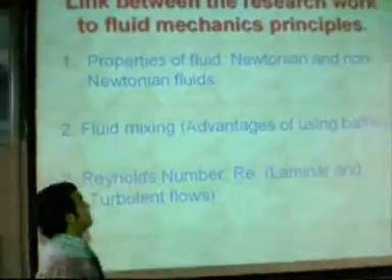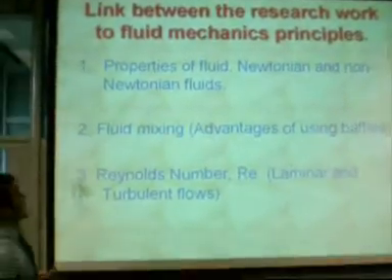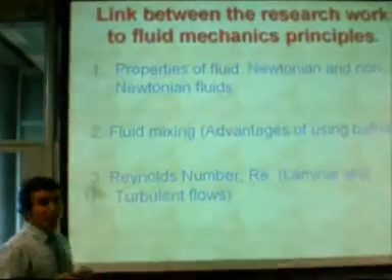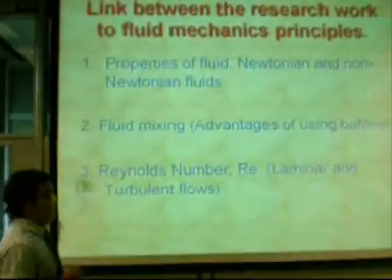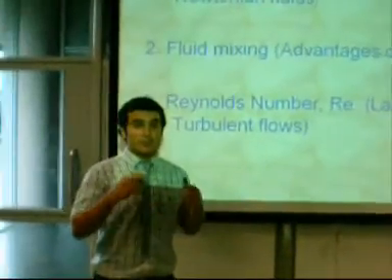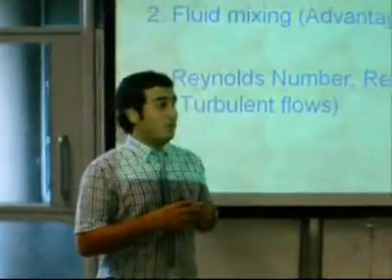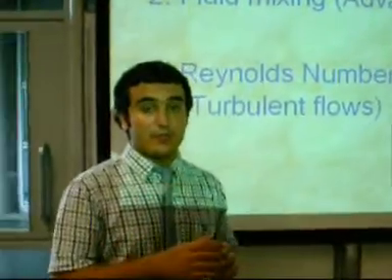We now jump to the link between this research work and fluid mechanics. The first thing I found is the properties of fluids, Newtonian and non-Newtonian fluids. When oil enters the pipeline, it enters at 60 or 70 degrees Celsius. It's hot, and its viscosity is constant at that time, so it's a Newtonian fluid.